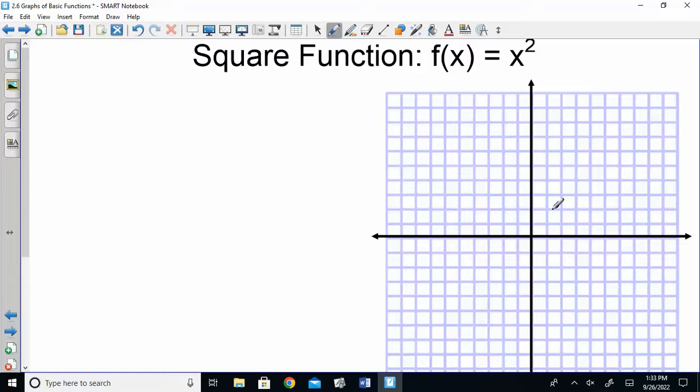We can get those just by plugging in some numbers. 0 squared is 0, 1 squared is 1, 2 squared is 4, 3 squared is 9, negative 1 squared is 1, negative 2 squared is 4, negative 3 squared is 9. That's definitely more than 3 points, but we have graph paper right in front of us, so it's not hard to plot those. To get those exact points, I'm really just making a t-chart. I just didn't take the time to write it out; I just talked through it. Does everybody know where those came from?